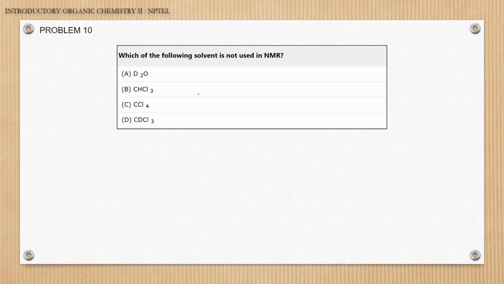Chloroform. Right. So chloroform is not used in NMR, because you have to add some standard to get the NMR spectrum done. You have to use a solvent that will not interfere with the peaks of the organic compound you are recording.